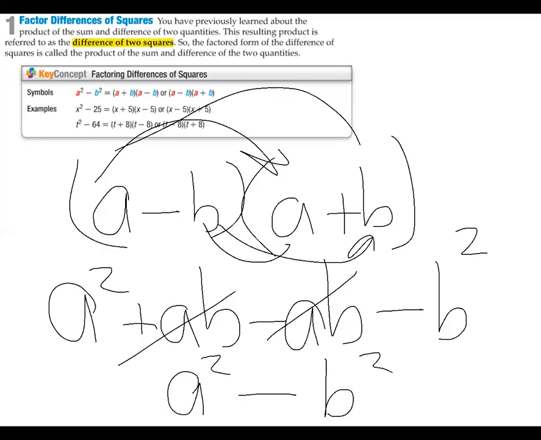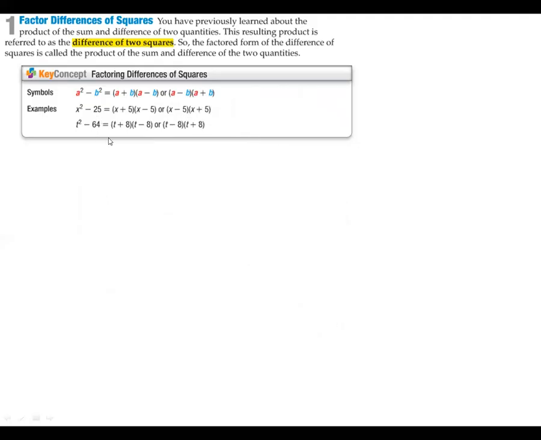Okay? So, if we want to reverse that, notice you have the difference, which means subtraction of two squares. Something squared minus something else squared. So if you have something of that form, you can automatically factor it into a minus b times a plus b, or a plus b times a minus b, as you see in these examples up here.